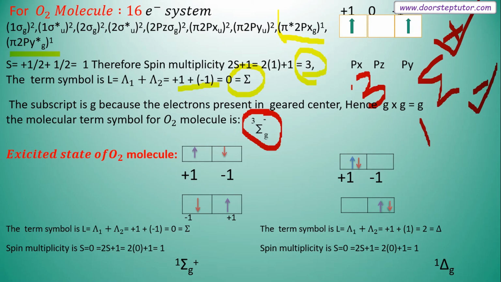Now the excited state of the O2 molecule. Excited state means, what will happen if the two electrons have positive and negative spins, or if the electrons are paired in one orbital?